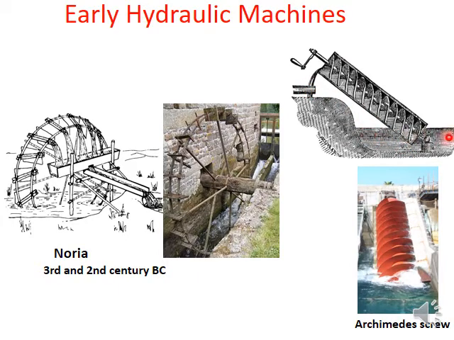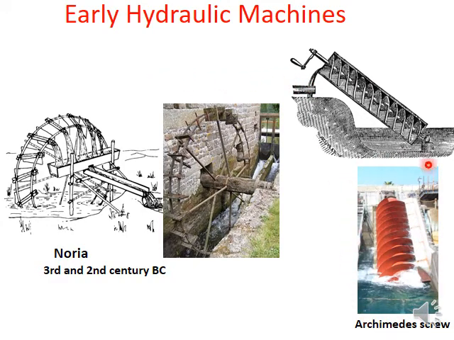See, here is the water source, maybe a river, and then by rotating this screw, water can be lifted to a high elevation for the purpose of irrigation delivery.